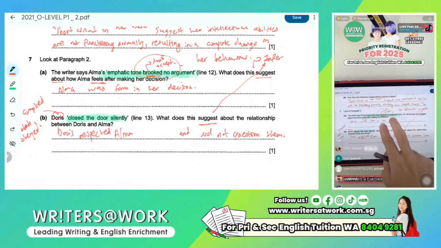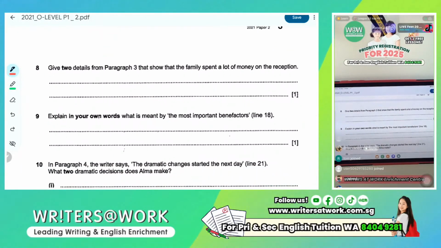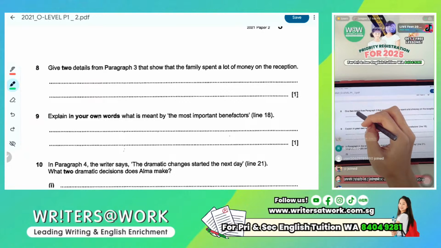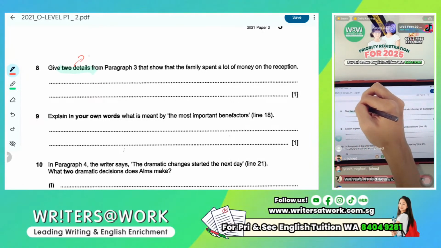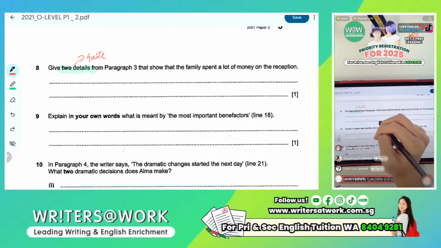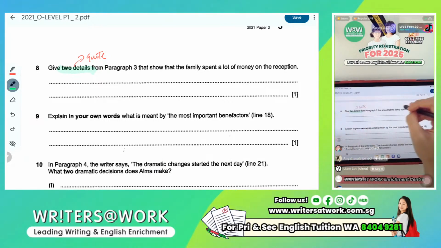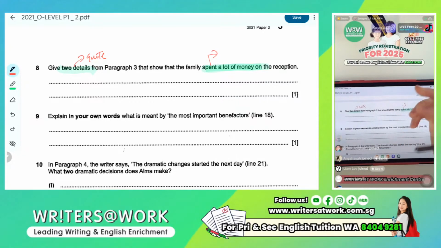All right. Moving on. Give two details from paragraph 3 that show the family spent a lot of money on the reception. You can see these two details is one of the easiest questions. You just need to quote the necessary stuff. Now, how do we zoom in on the relevant stuff? When we talk about spending a lot of money, there needs to be some kind of vocabulary that comes to your mind.